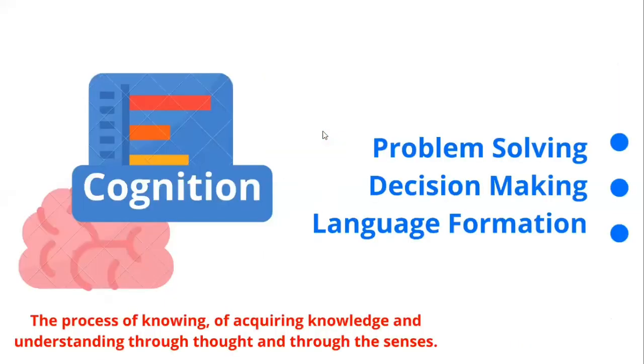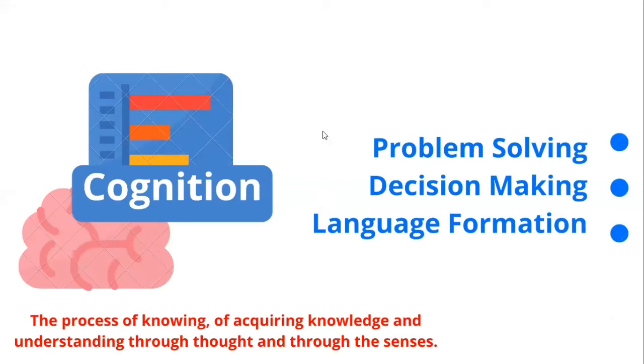So the next one is cognition. For those who don't know what cognition is, you can read the line at the bottom. It is a process of knowing or acquiring knowledge and understanding through the senses. Okay, there's some typo. It is understanding through thought.